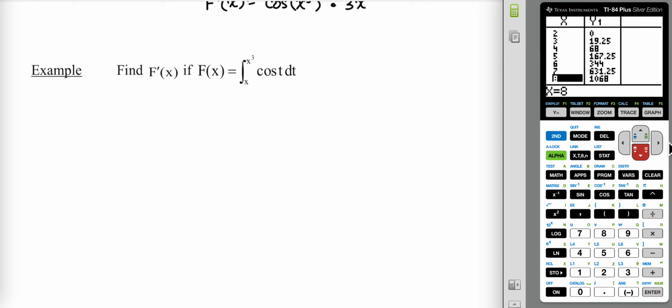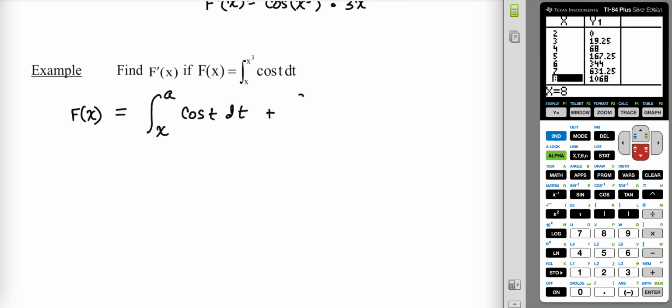All right, one of those properties allows you to break up an integral based off of some constant between the lower and upper bound. So what I'm going to do is I'm going to rewrite f of x as the antiderivative going from x to some unknown but constant bound a of cosine of t dt.